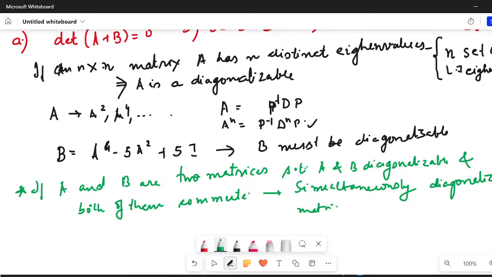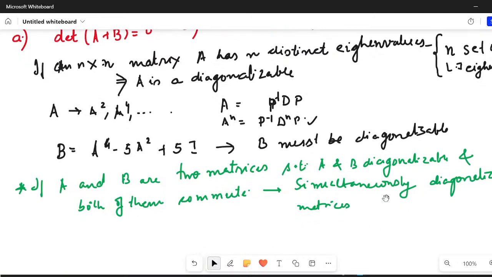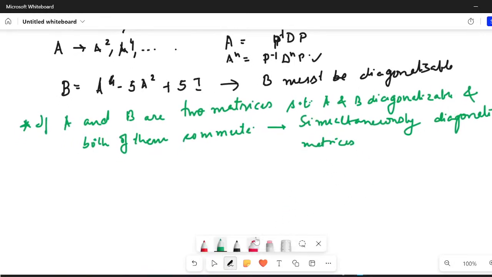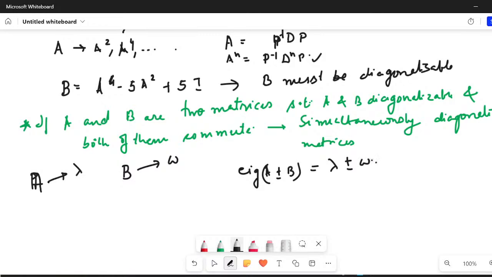What is the benefit of having simultaneously diagonalizable matrices? In that particular case, if A has some eigenvalue lambda, and B has some eigenvalue omega, then the eigenvalues of A plus or minus B would be lambda plus or minus omega.